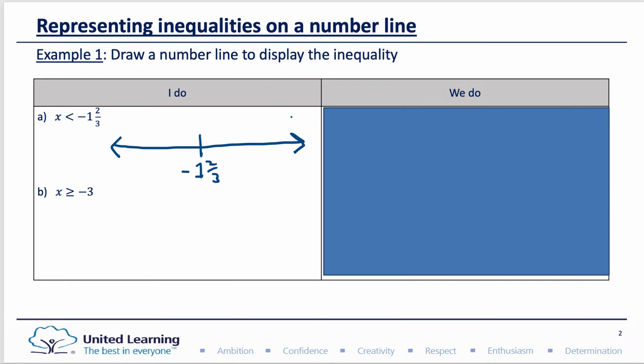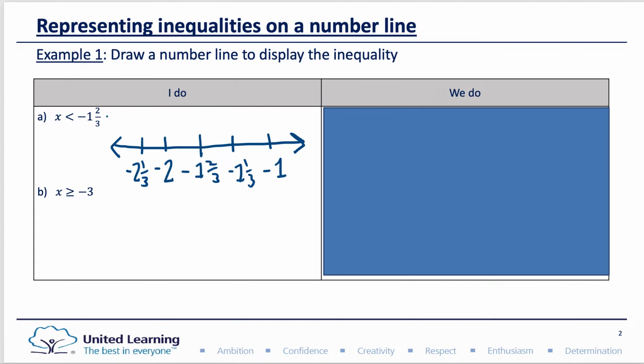Going towards 0 means getting bigger, and going the other way means getting smaller. So this would be negative 1 3/3, which is just negative 2, then negative 2 1/3. And in the other direction, this would be negative 1 1/3, and this would be negative 1.